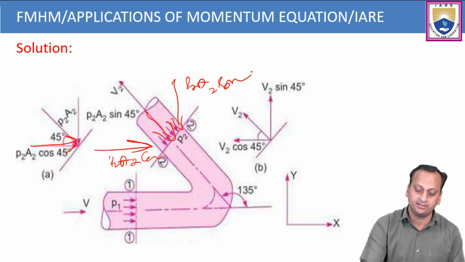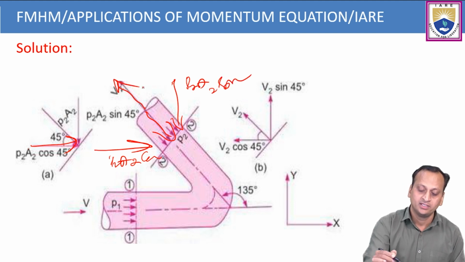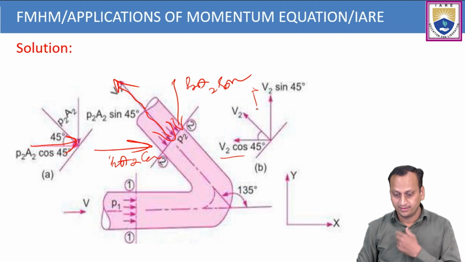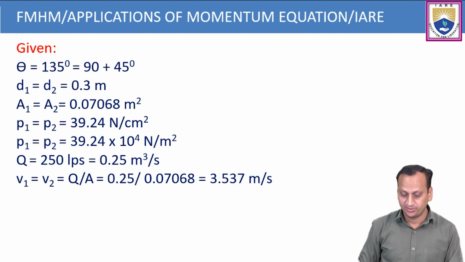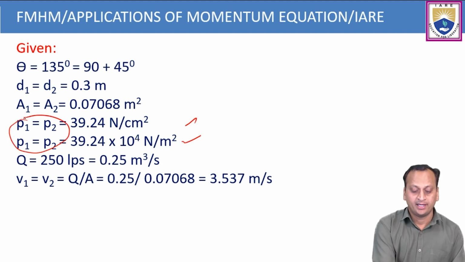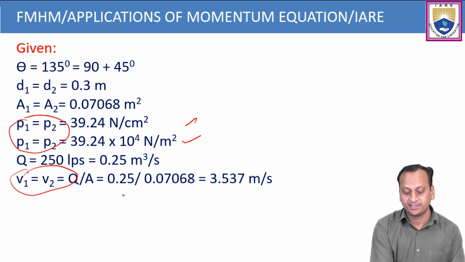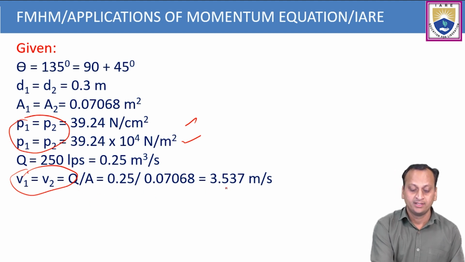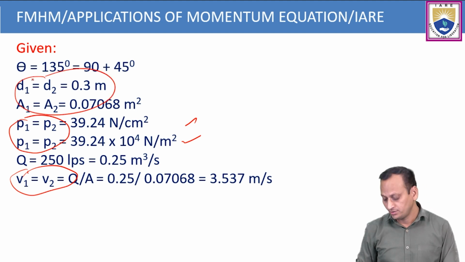The velocity is in the direction of flow, therefore V2 cos theta will be negative and V2 sin theta will be positive. This is the given information. Pressures are the same, and velocities are the same. As the diameter and discharge are constant, the velocities are the same, so area and diameters are also the same at both sections.